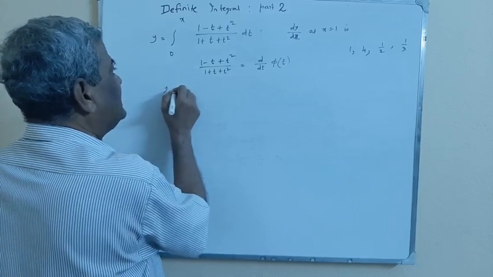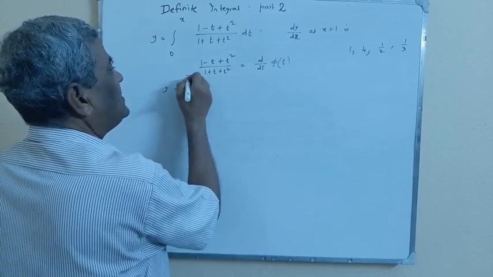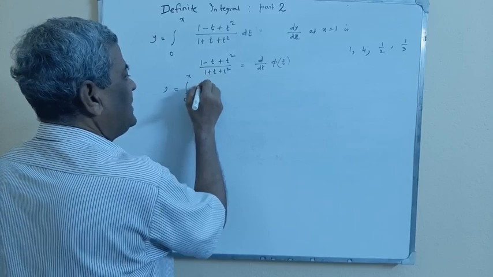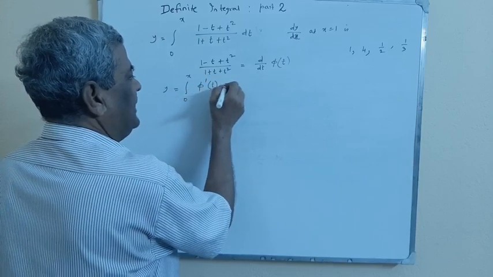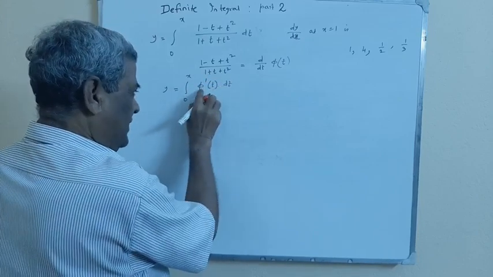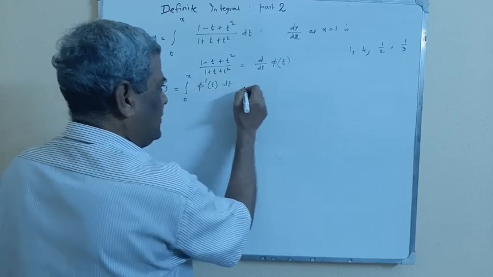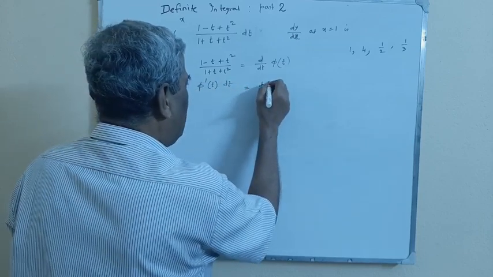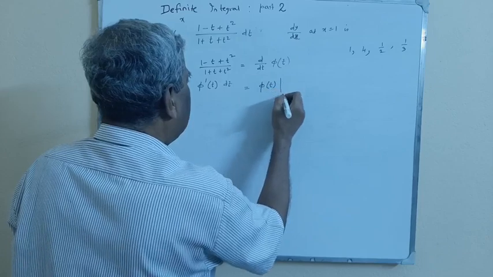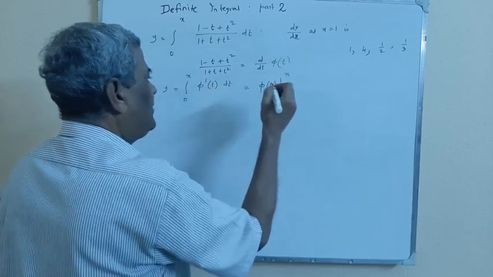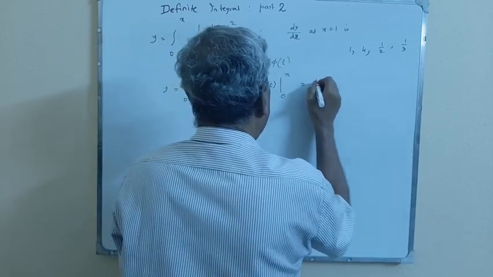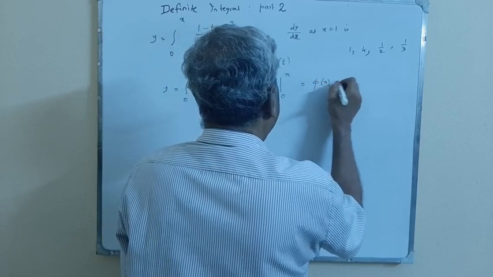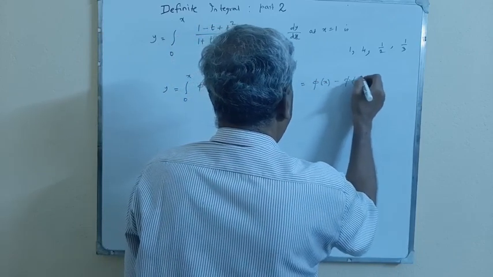Y in that case is equal to the integral from 0 to x of phi dash t dt. Its integration is nothing but phi t from 0 to x, so it is equal to phi x minus phi 0.